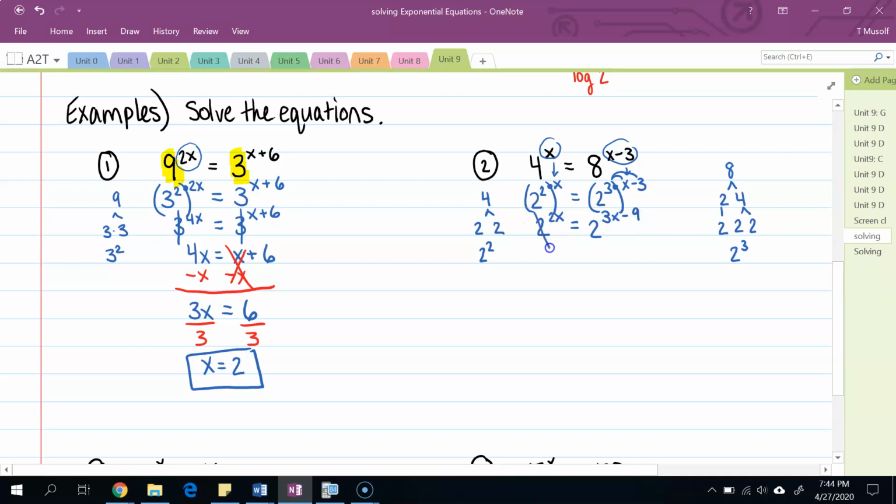And now that they're the same base, 2, I can cross those out. I get 2x equals 3x minus 9. All right, I'm going to actually subtract the 3x this time, just so that since the minus 9 would then already be on its own.